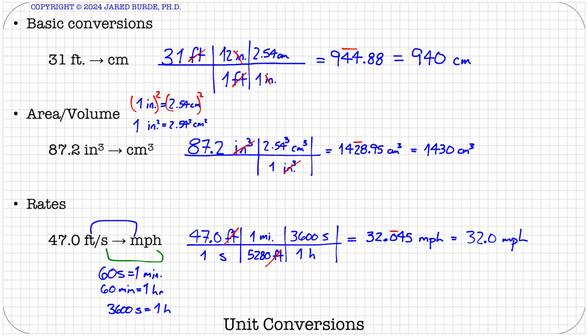So those are your 3 types of conversions, your basic conversion from one quantity measuring some physical quantity into a different unit to measure the same quantity. You can see area and volume. It's just a matter of squaring or cubing the conversion factor that you already know. And if you have a rate, if you have multiple units there, you can just do one conversion, then do the next conversion, and so forth.